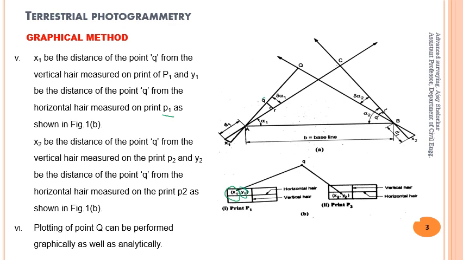X2 is the distance of the point Q from the vertical line measured on print P2, and Y2 is the distance of the point Q from the horizontal line measured on print P2 as shown in figure 1b.